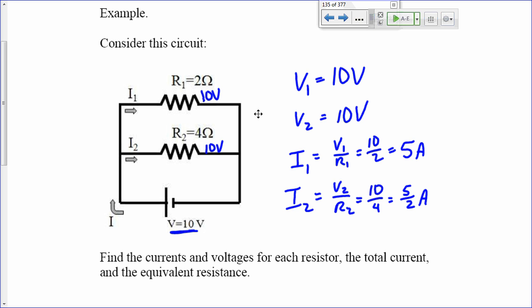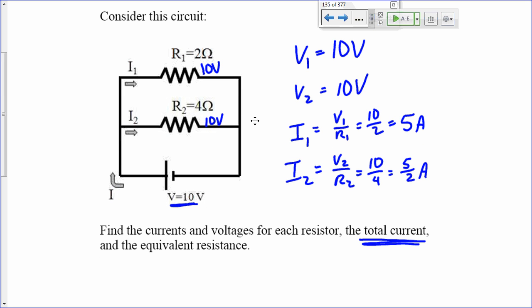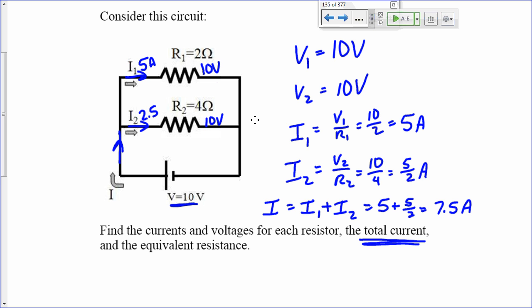Taking rule number 3, the incoming current has to equal the currents in the branches. So I equals I1 plus I2, which is 5 plus 5 halves, which is 7.5 amps. I'll show you an alternate way to get that in a second.